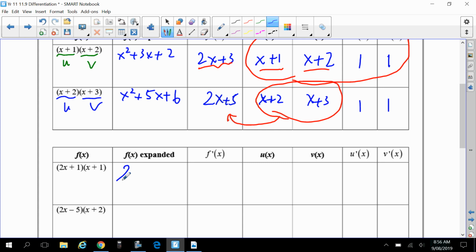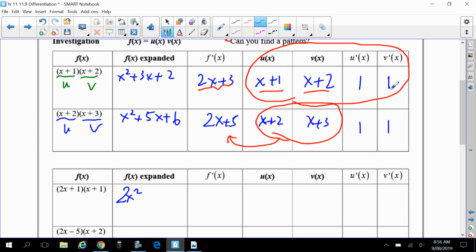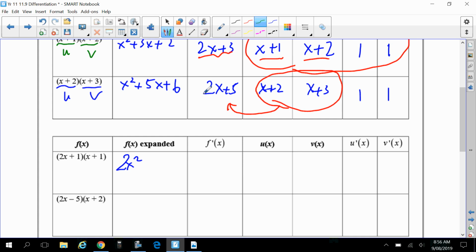Okay, expand this: 3x squared. So in here I'm going to write maybe. Maybe it's true, maybe not. Maybe the derivative of f is the same as u' plus v'. Maybe you don't need to differentiate at all. Maybe, but let's see if it works. All right, 3x squared plus 3x plus x is 3x plus 1, derivative is 4x plus 3.